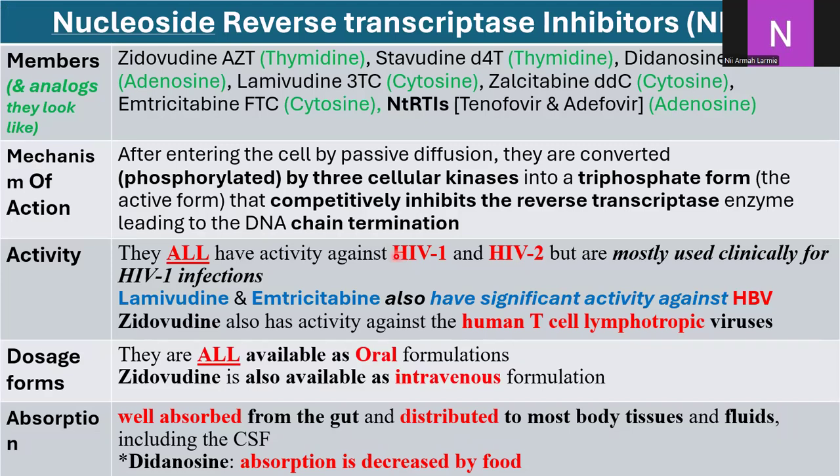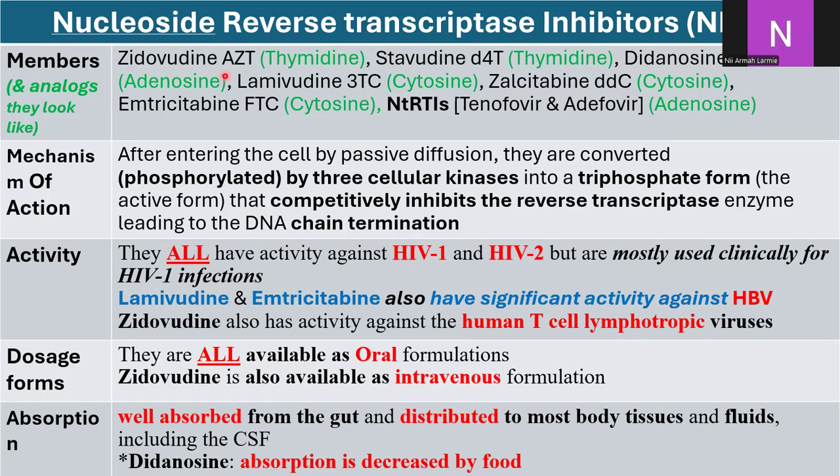So if we look at the nucleoside reverse transcriptase inhibitors, in this slide I'm showing the analog of the basic DNA building block from which our drug has been made to look like. We talked about acyclovir looking like guanosine.